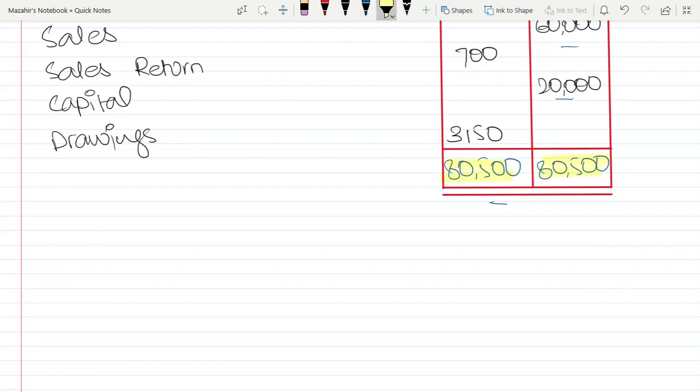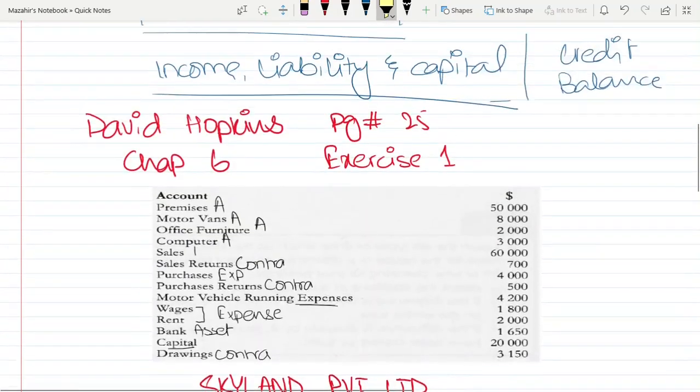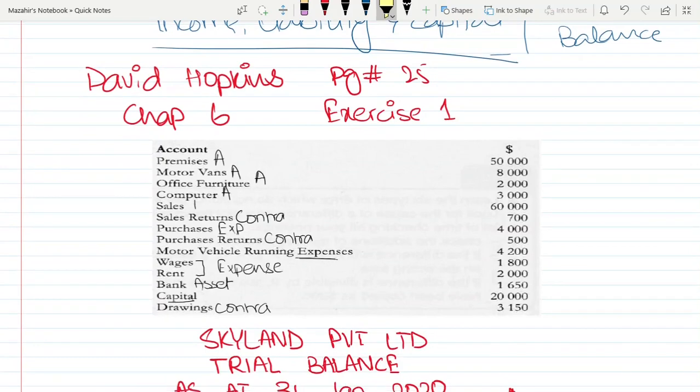So this 80,500 means that both sides are equal and we made our entries correct. And from this answer we can say that this list of balances is correct, and our accounting cycle till now is going according to the principles and policies.